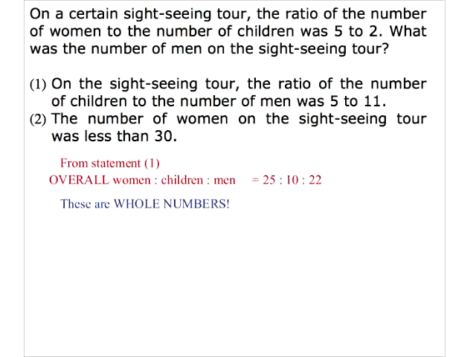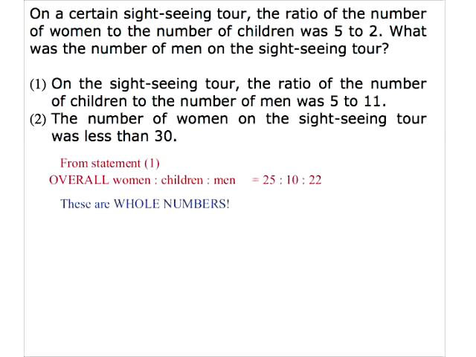So what are the smallest possible numbers of women, children, and men? The smallest possible numbers are actually 25, 10, and 22.